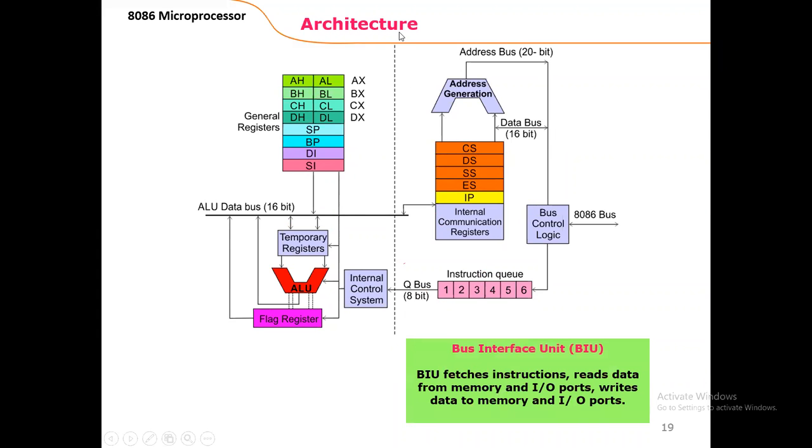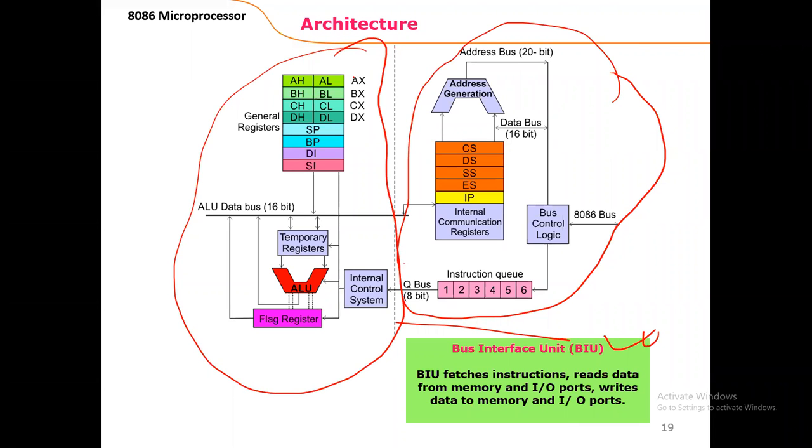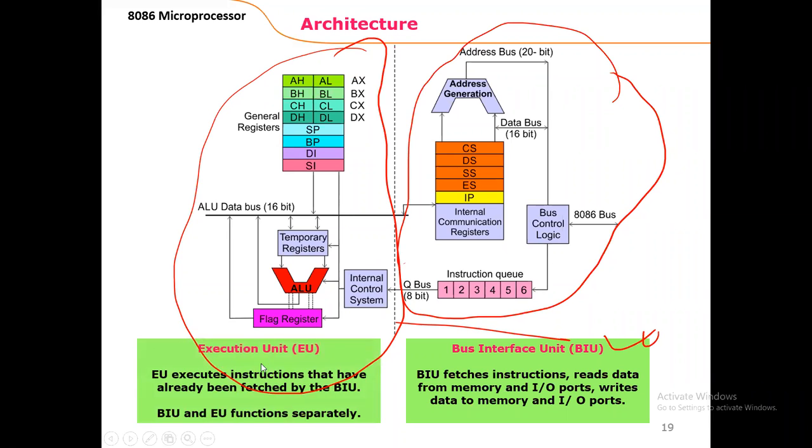This half, this column. This whole part is the bus interface unit, and this whole unit is the execution unit. These both are execution parts, and these both are bus interface unit.